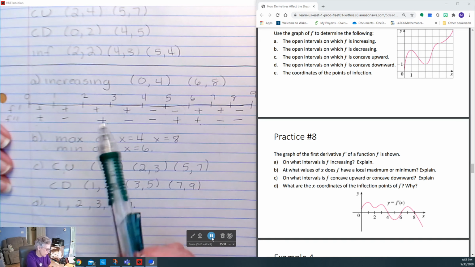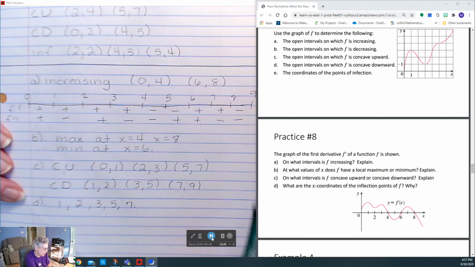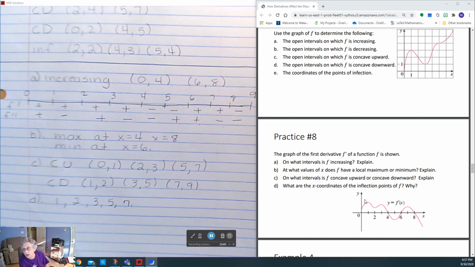And it has inflection points where it changes concavity at 1, 2, 3, 5, and 7. So at the change points of the first derivative, it changes from increasing to decreasing, decreasing to increasing, so positive to negative, negative to positive.